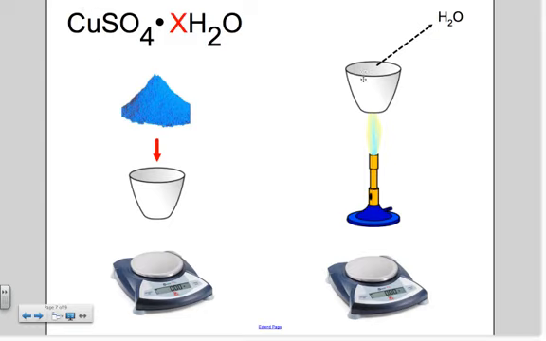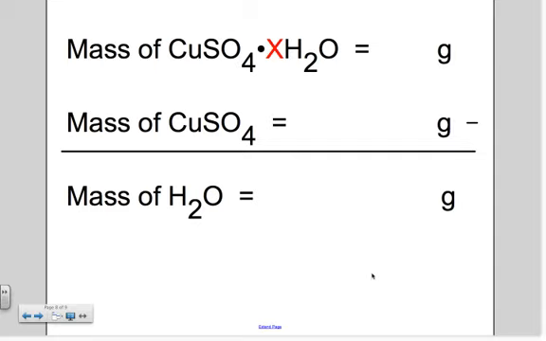So once you do that, let it cool for a little bit. Put it on the balance, find its mass. Then you'll have, in your data table, the mass of the entire hydrate and the mass of the anhydrous salt. Well, if you subtract those two, won't that give you the mass of water?